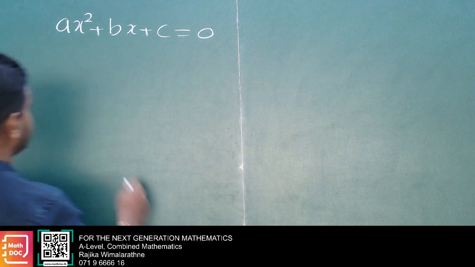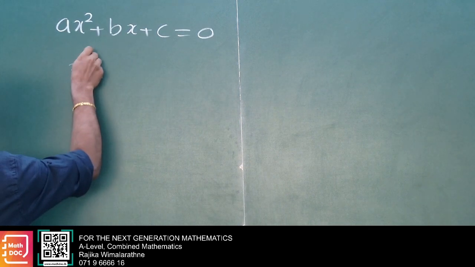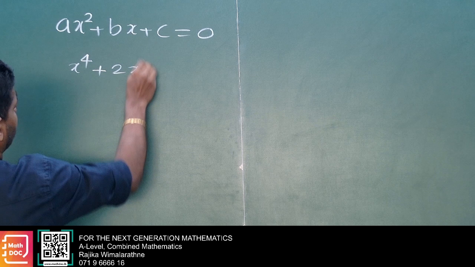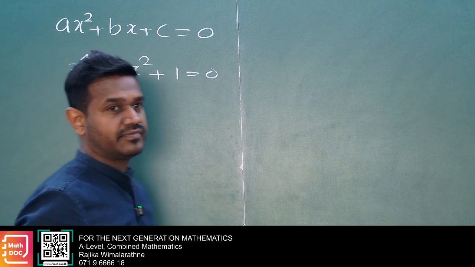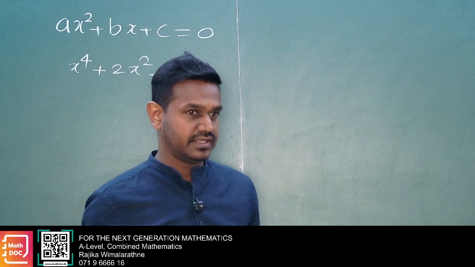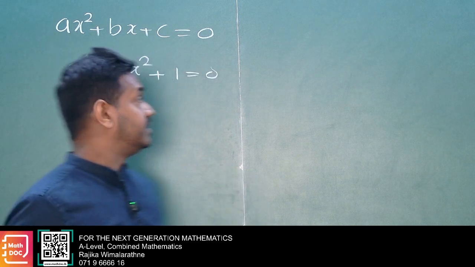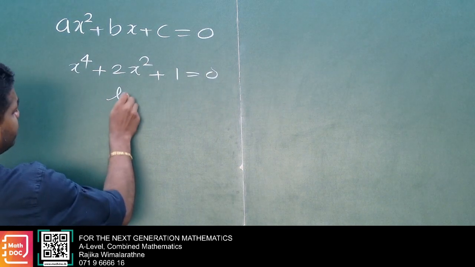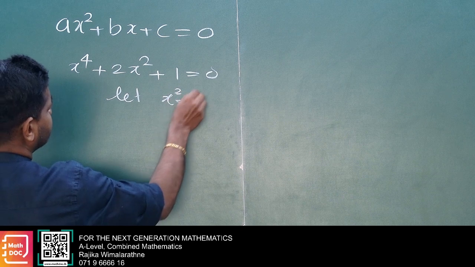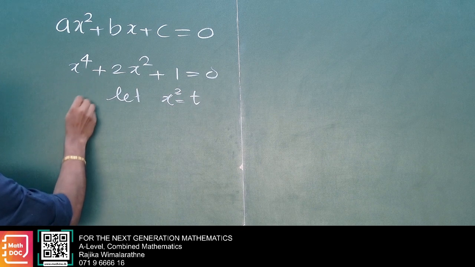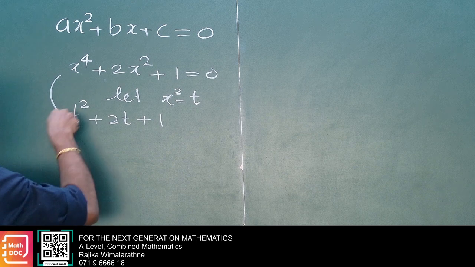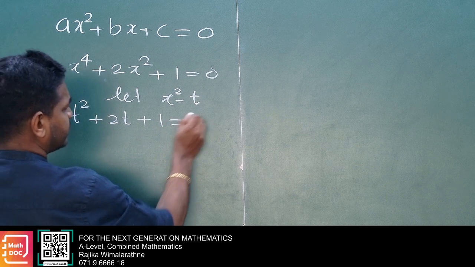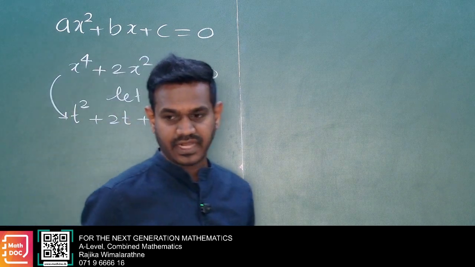Like here, consider x to the power 4 plus 2x squared plus 1 equals 0. Here it is not directly quadratic, but we can reduce it to quadratic. You take the substitution x squared equals t, then here t squared plus 2t plus 1. Now we can reduce that to quadratic, a reducible type.